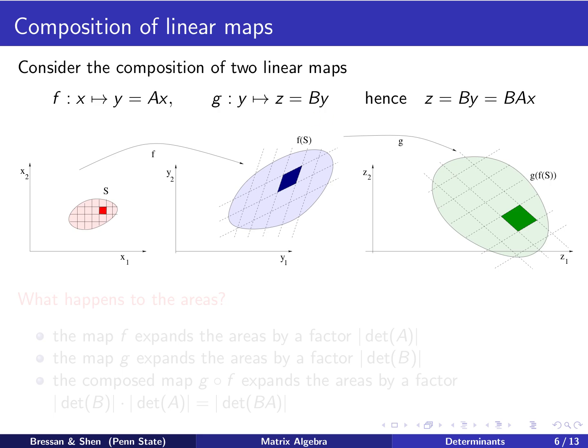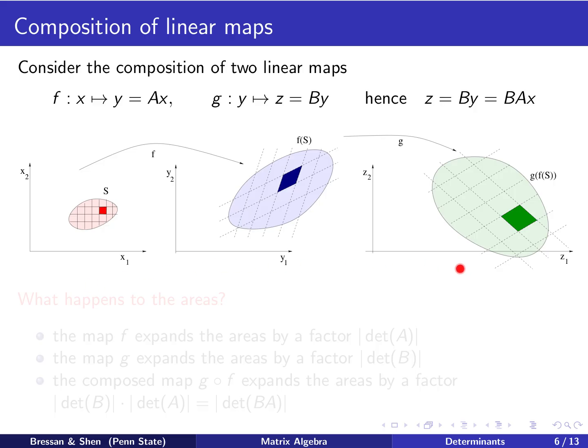So A and B are 2 matrices. And then you can combine them. You will know that z now equals B times y, and if I put in the expression for y as A times x, then I have a relationship between z and x. So z will be B times A times x.